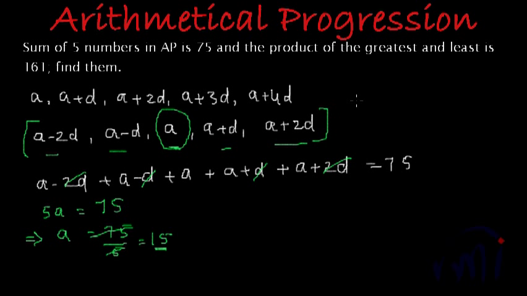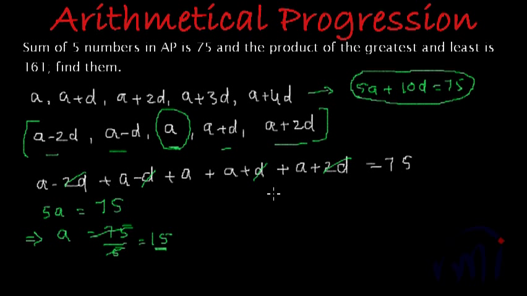So this is the benefit. Otherwise in this case we would have got 5A plus 10D is equal to 75, and here finding the value of A or D would have been difficult, right? So we have assumed the terms like this, and we have got A is equal to 15, which is the middle term. Here also if we divide the whole equation by 5, we will get A plus 2D is equal to 15, which is nothing but the third term of the pattern, right?